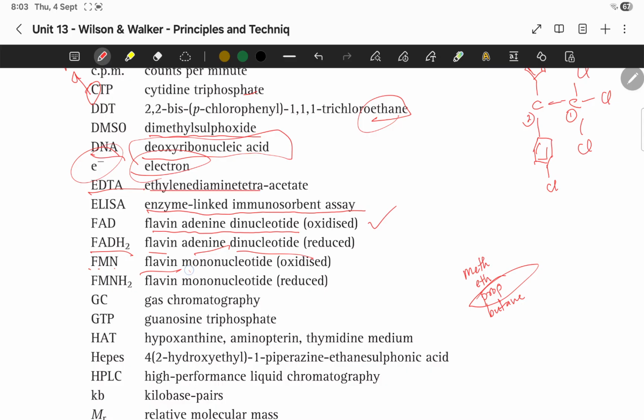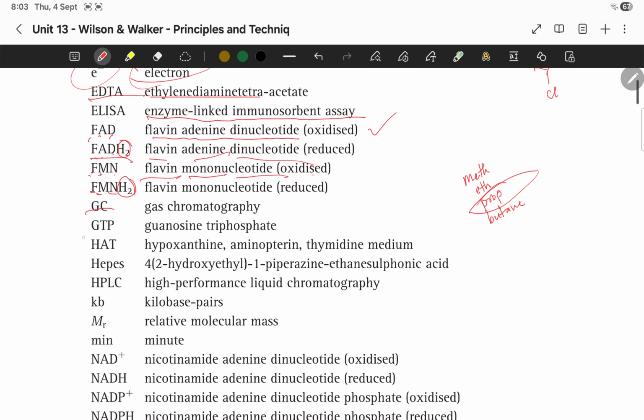FMN, flavin mononucleotide oxidized. FMNH2, flavin mononucleotide reduced.